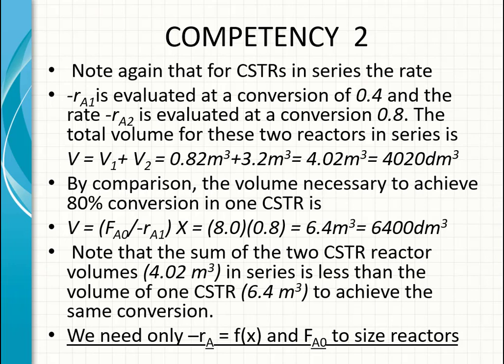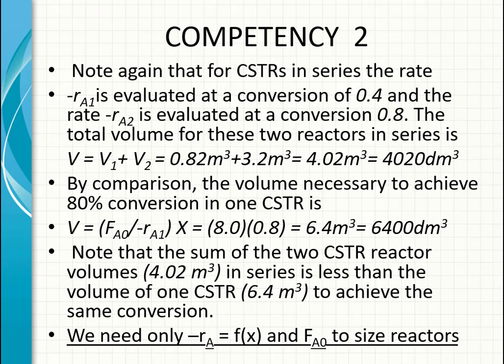By comparison, the volume necessary to achieve 80% conversion in one CSTR is equal to FA0 divided by minus RA times X, which is equal to 8 times 0.8, which was 6.4 cubic meters, equal to 6,400 liters. That's the value that we obtained in the first problem of this section.